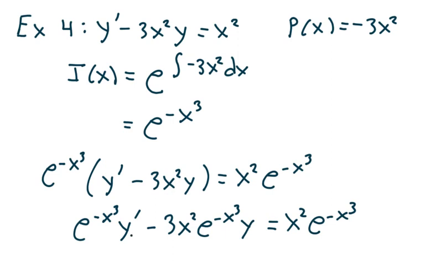So notice how the derivative of y is y prime. The derivative of e to the negative x cubed is negative 3x squared e to the negative x cubed. That's just chain rule. So I'm going to write this as the derivative of e to the negative x cubed times y.